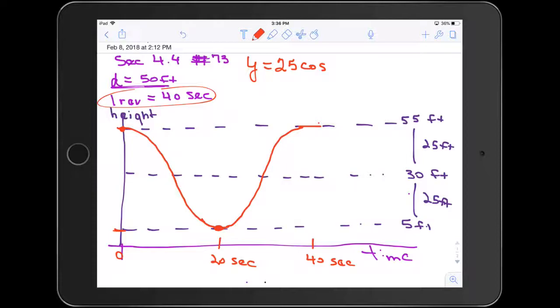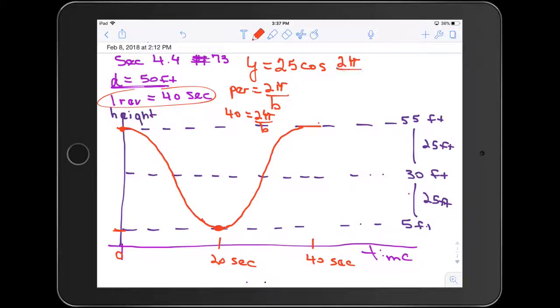I know that the calculation is period equals 2 pi divided by b. And if the period is 40, you can substitute that in and do a quick calculation, multiply both sides by b, divide out. You end up with a b value of 2 pi over 40. And I'm not going to simplify it just because I want you to be able to see it and be okay with that.